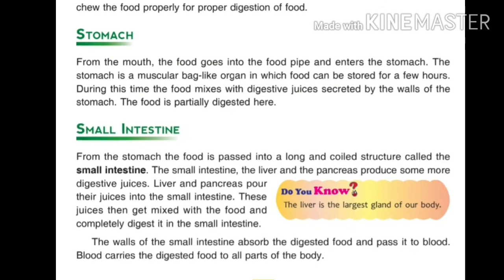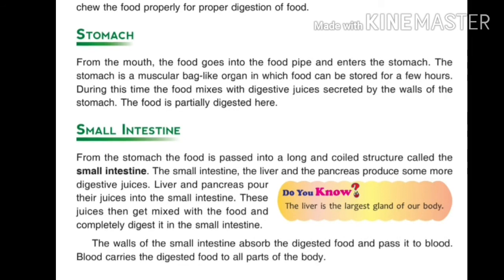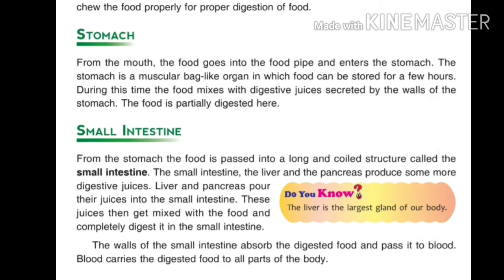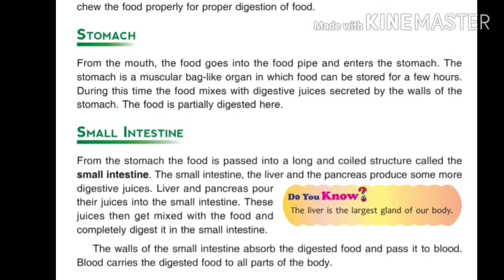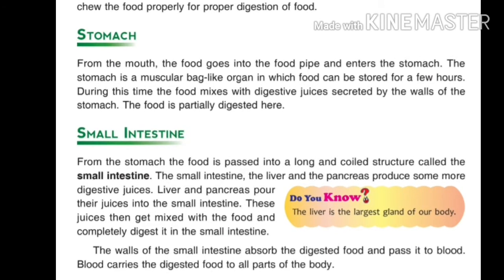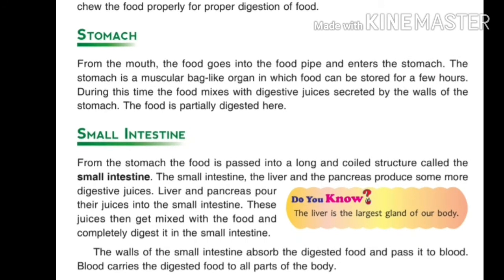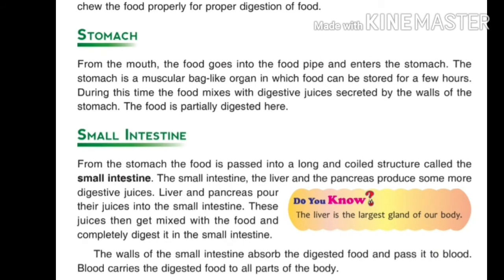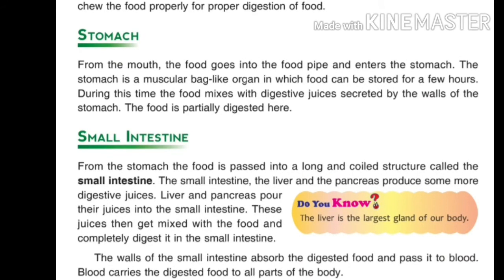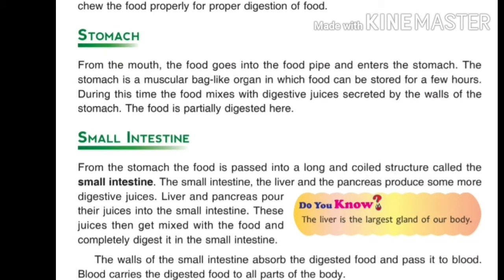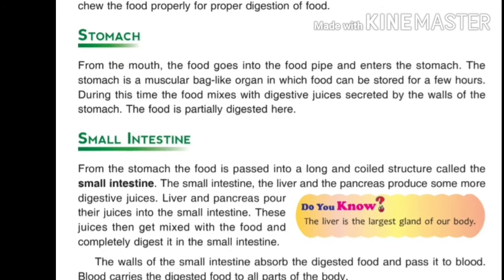It mixes with the juices which are present in your stomach. They are digestive juices which are secreted by the walls of the stomach, which help in the digestion of the food. In the stomach, the food is partially digested by these juices and then it passes to the small intestine.